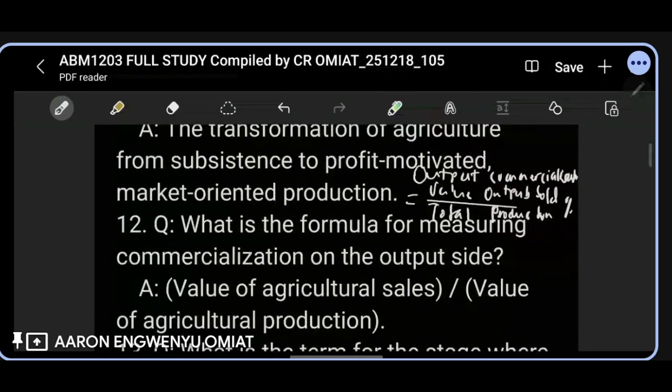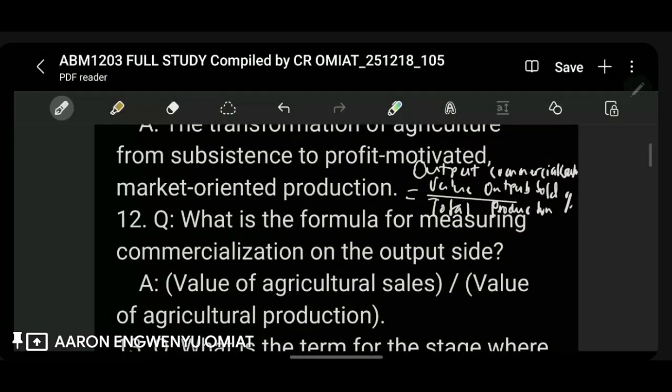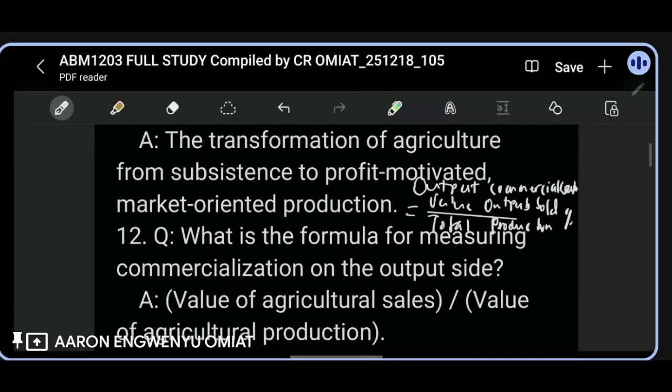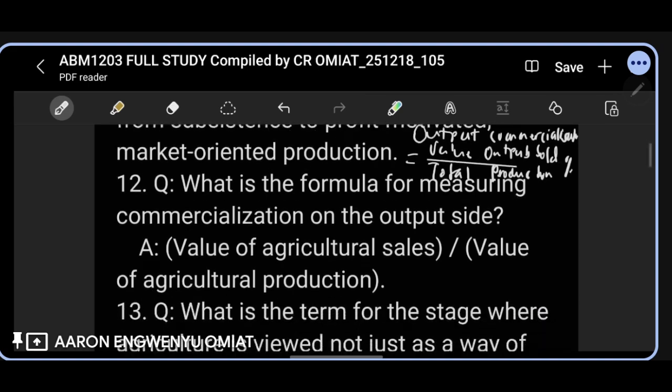Okay, let's see. Okay, you're on point. The formula for measuring commercialization on the output side is the value of agricultural sales divided by the value of agricultural production.